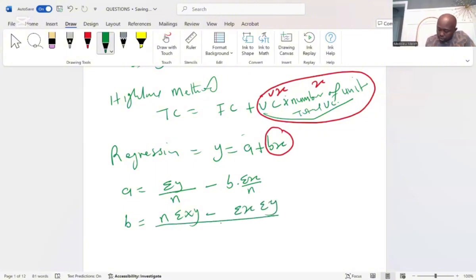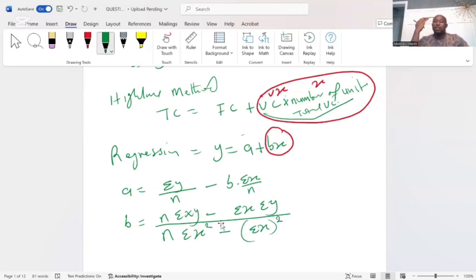All this is divided by n times the sum of x squared, minus the sum of x, all squared. So this is how we get b.